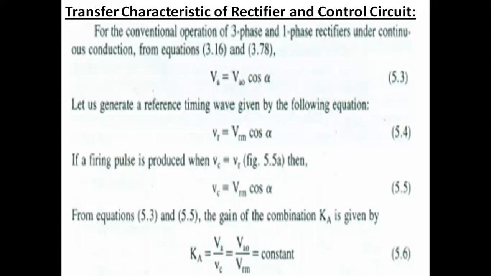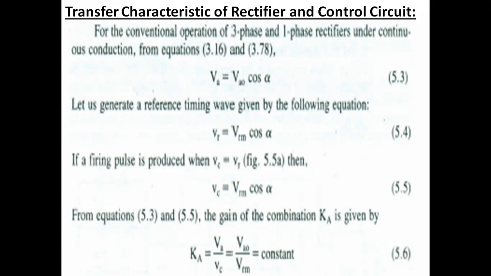So we have to improve the approximate model by adding a term 1/(1 + sτd) to the gain, where τd is the average delay, equal to 1.67 milliseconds. This value is for a 3-phase fully controlled rectifier, and it is 5 milliseconds for a single-phase rectifier when fed by a 50 Hz source.